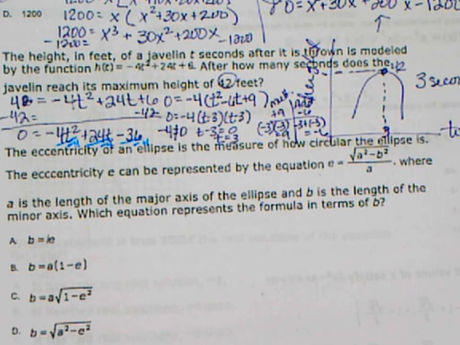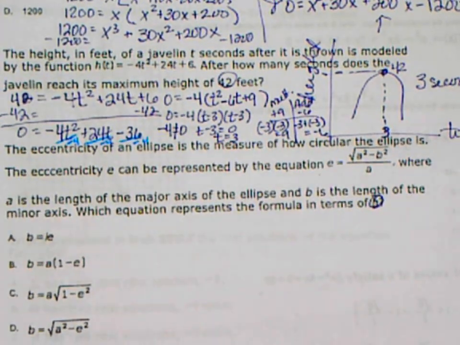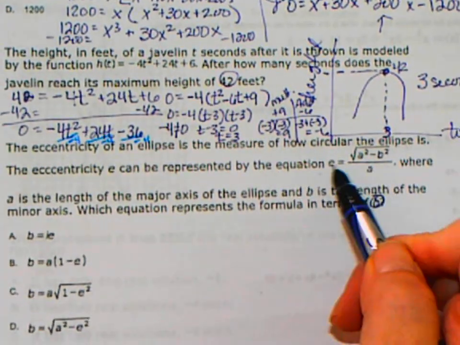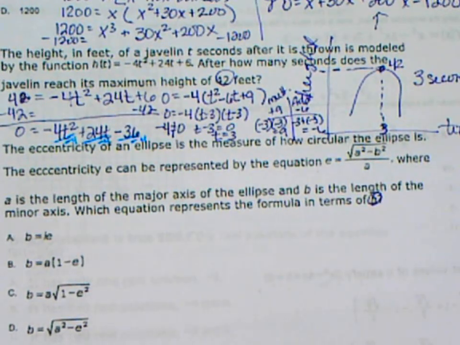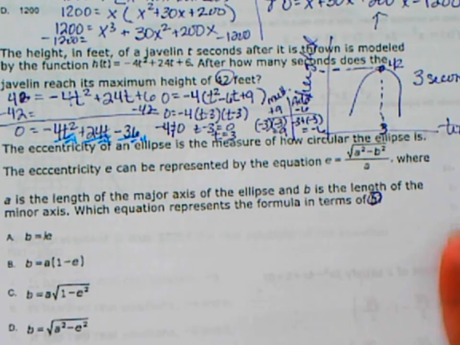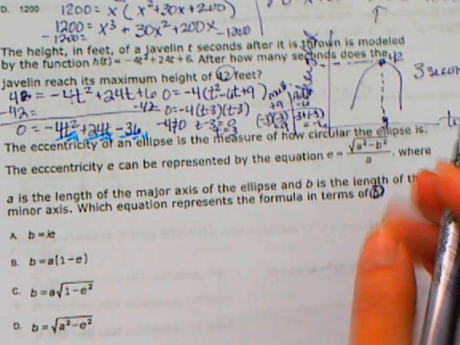Which equation represents the formula in terms of b? So currently the equation is in terms of E, that's what is isolated. They just want us to rewrite it so that B is isolated. We can do that, right? We know how to undo stuff. So let me write it down.